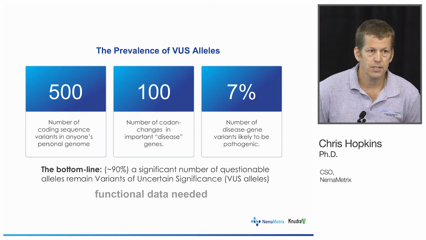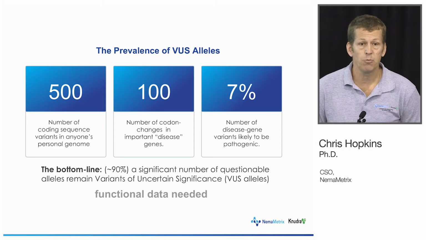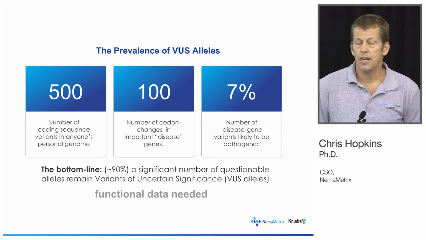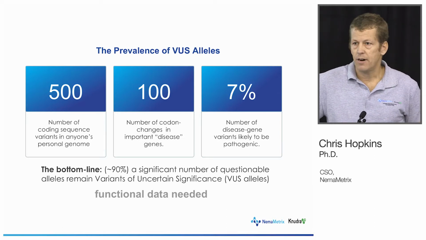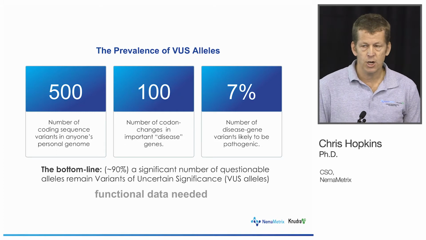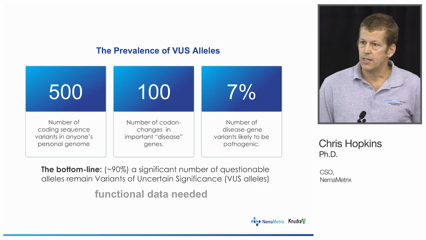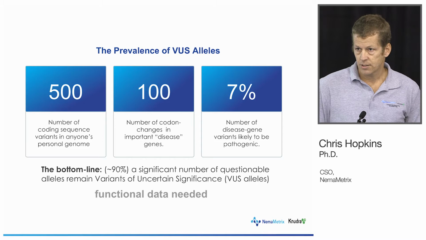Another way to look at this is to look at it on an individual basis. If we look at any one individual in this room and ask how many variants do you have in your genome, you'll have about 500 variants in your coding regions.